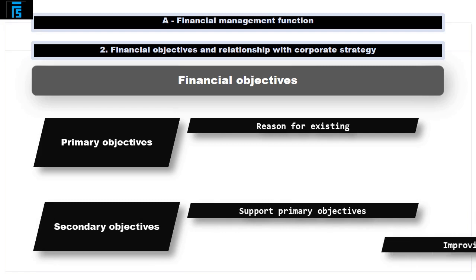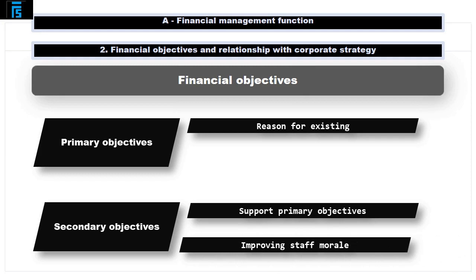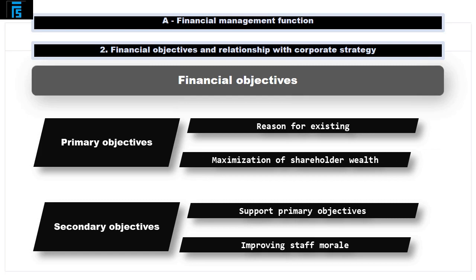For example, improving staff morale may be a secondary objective if it is believed to improve customer service and therefore the profitability of the organisation. Putting that to one side, the primary objective of a profit-making organisation is usually assumed to be the maximisation of shareholder wealth.